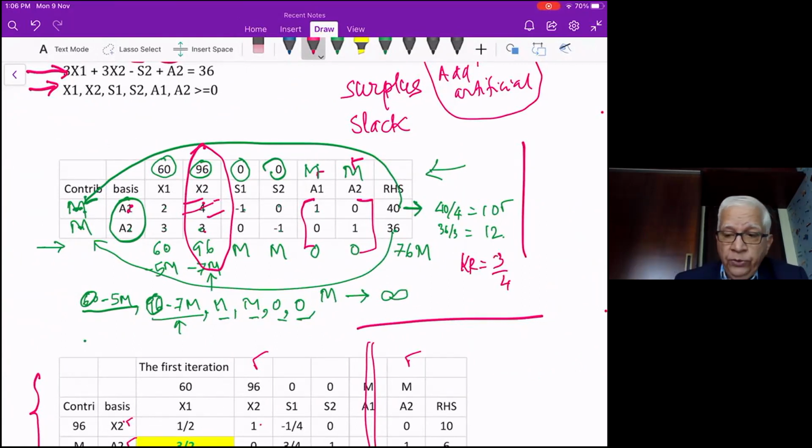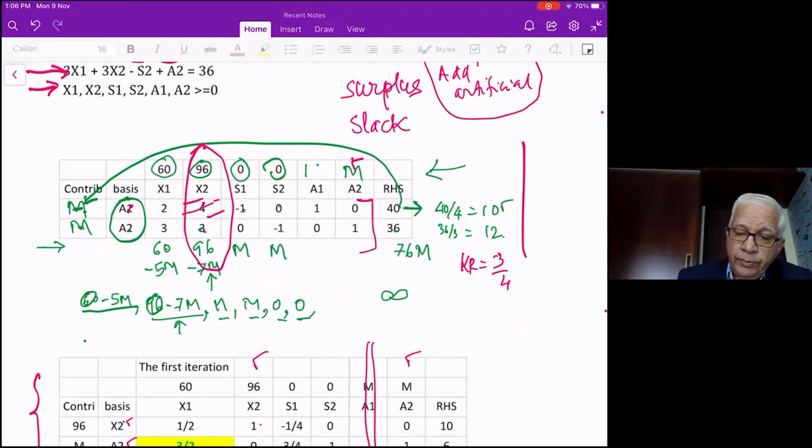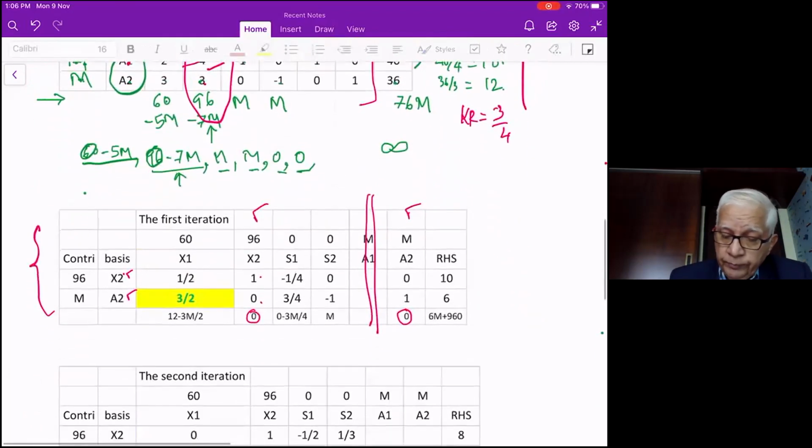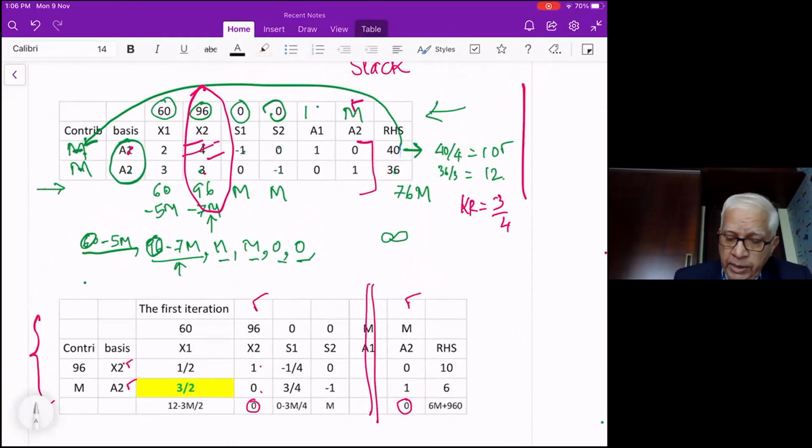For the second row, the key ratio is 3 upon 4. Okay. Now let's start the transformations of the key row. What are the numbers in the key row? See, the numbers respectively from left to right are 2, 4, -1, 0, 1, 0, 40. These are the numbers in the key row.